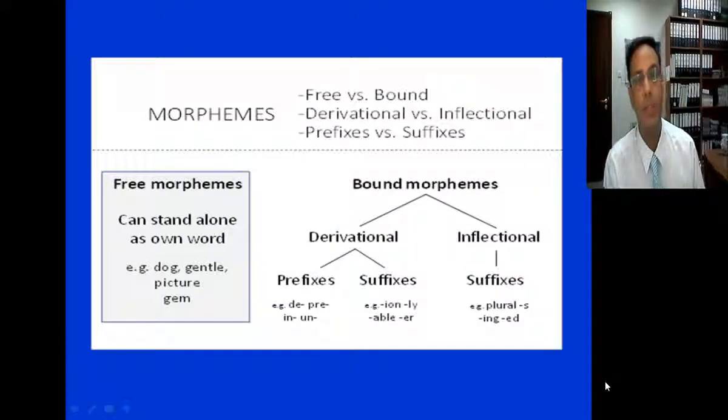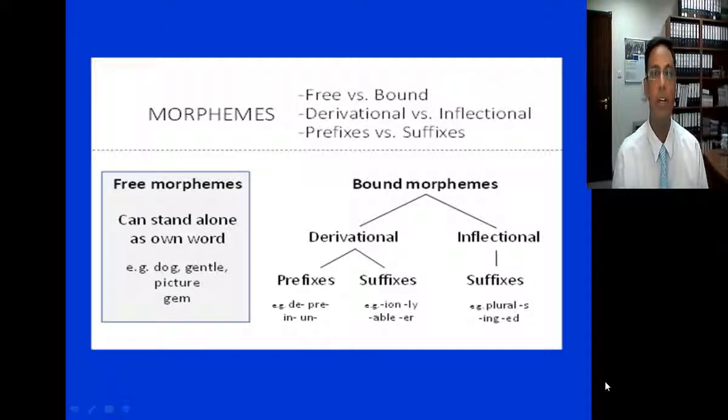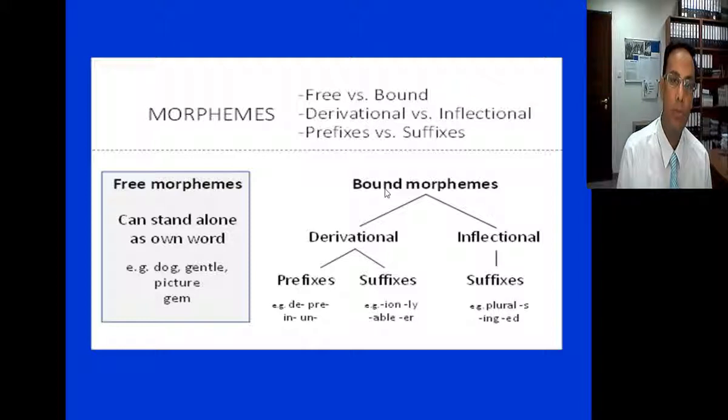So this is the classification of derivational and inflectional morphemes. Remember, both are bound morphemes. They are not free morphemes. You remember, we have free and bound morphemes. Bound morphemes can be classified into derivational and inflectional morphemes. A derivational morpheme, which changes the category or the class of the word, can be a prefix or a suffix.